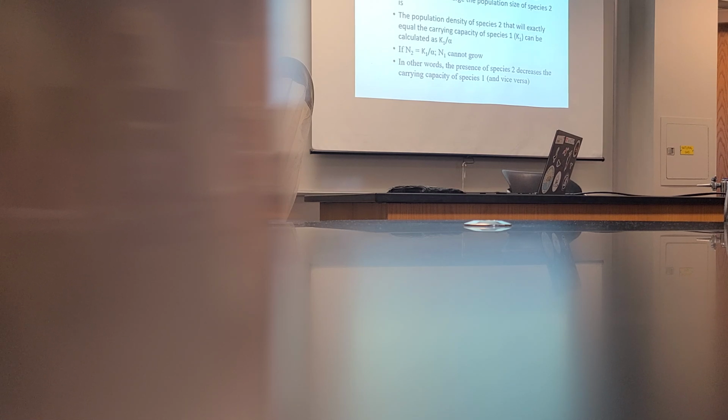So it's physical. It's on here somewhere. So let's say it's here. Okay. That means that if N2 can reach this population size, N1 cannot grow. It will be here at 0. In other words, we have the two models running together now.